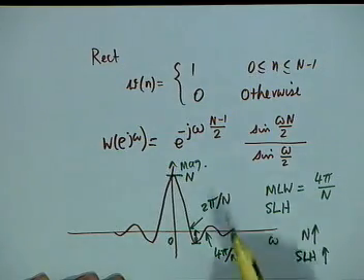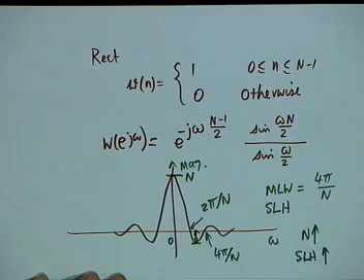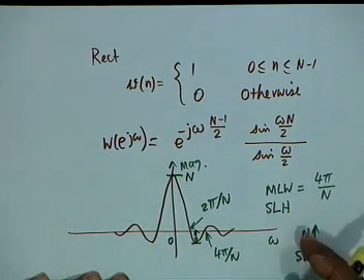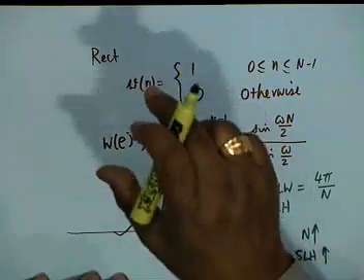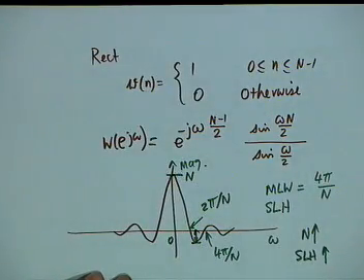In fact, the ratio of the main lobe height, which is capital N, to the side lobe height is approximately a constant. If capital N increases, the main lobe height also increases, which is good. It will resemble an impulse function more, but the side lobe height also increases. So this is the problem in FIR filter design.